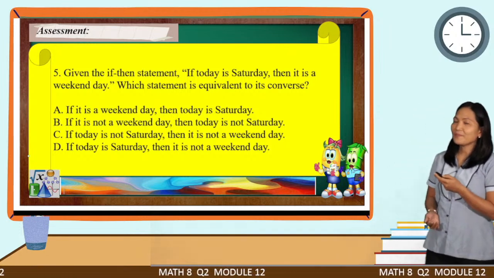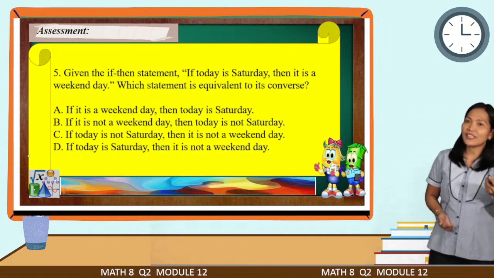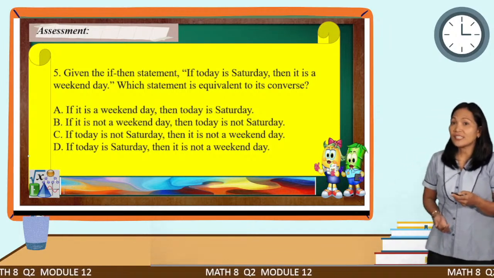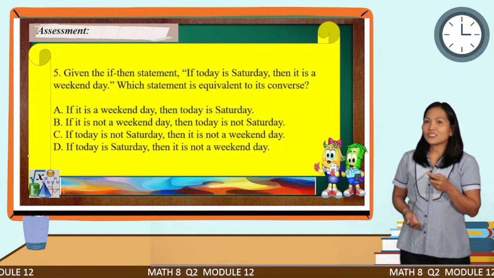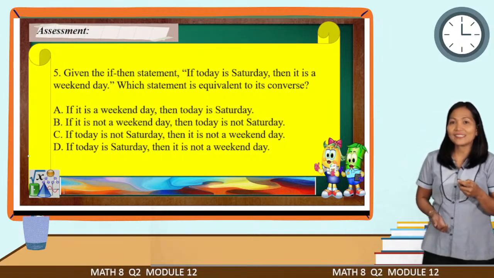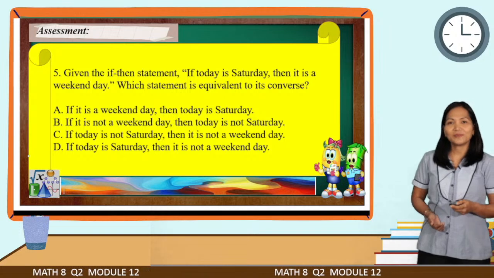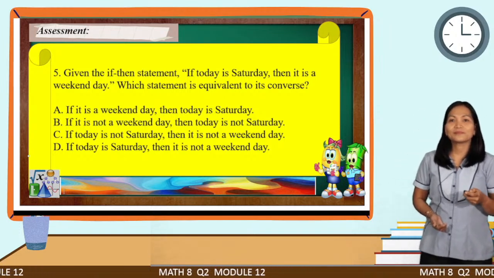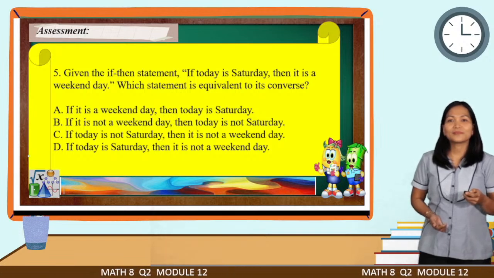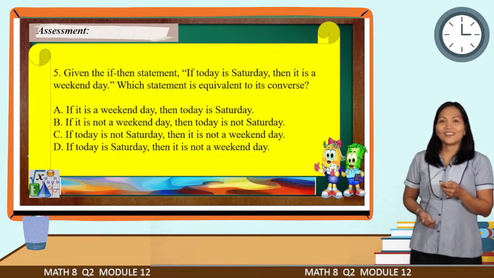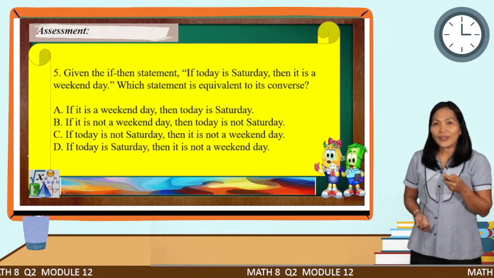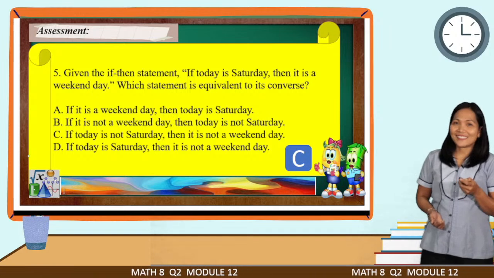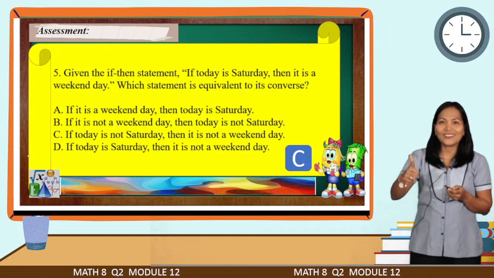Letter C. If today is not Saturday, then it is not a weekend day. And letter D. If today is Saturday, then it is not a weekend day. Okay? Let us now have the correct answer. It's letter C. Very good. You got it right.